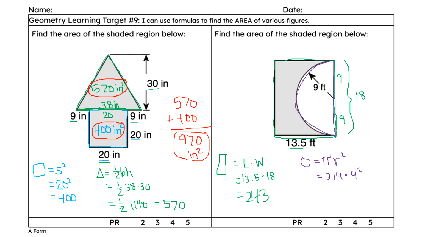And that means 9 times itself twice, which is 81. So 3.14 approximately for pi multiplied by 81 gets you the area of a whole circle, 254.34.